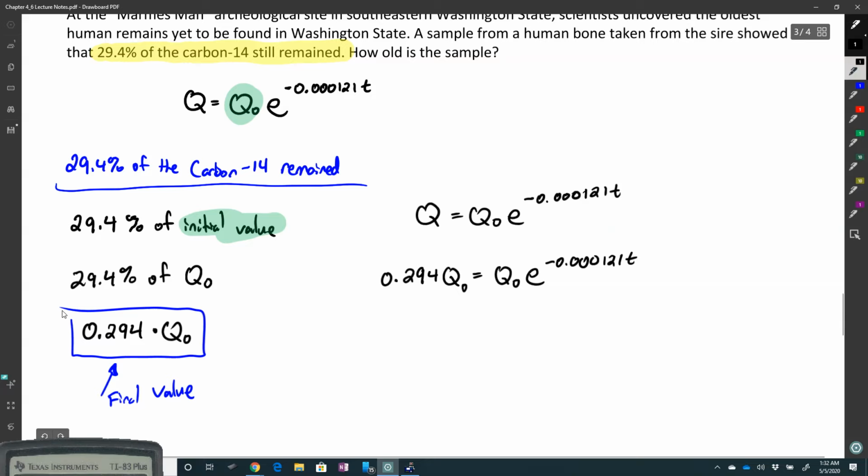Okay, I don't know what the initial amount was, but it turns out that it doesn't matter. Because if you remember the first step is to divide by Q naught, and the Q naughts are going to cancel.